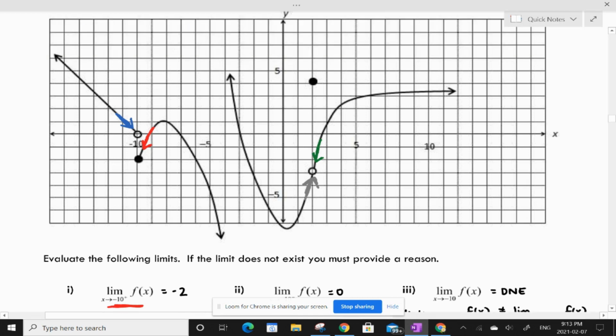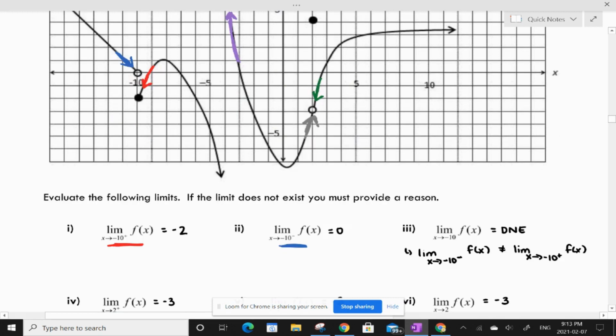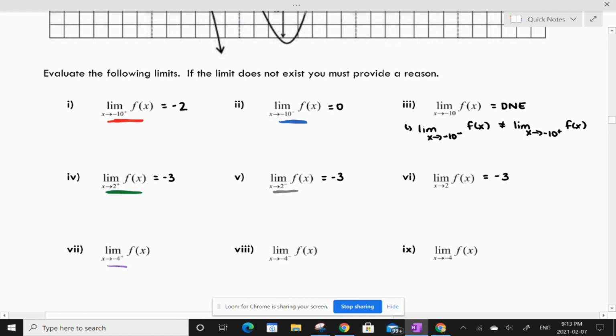This portion of the graph is what's happening. As we're approaching x equals negative 4 from the right-hand side, my graph is going up to infinity. It's actually shooting up. There's an asymptote there. So I'm going to write in positive infinity.